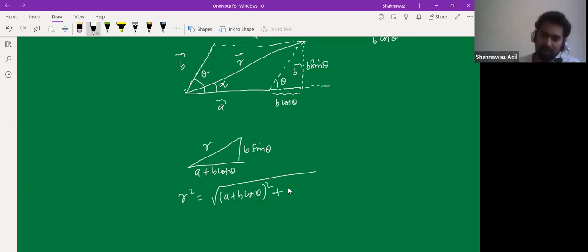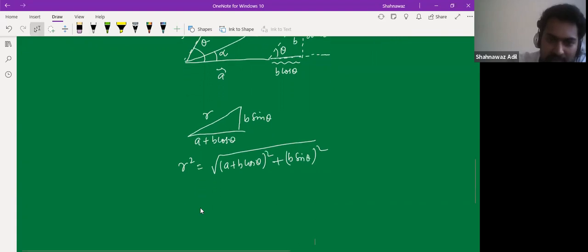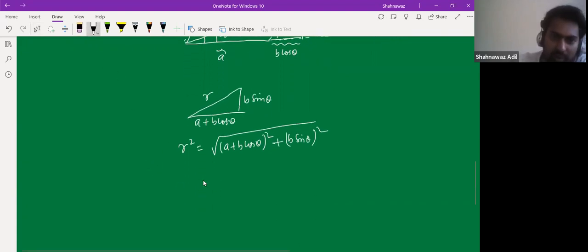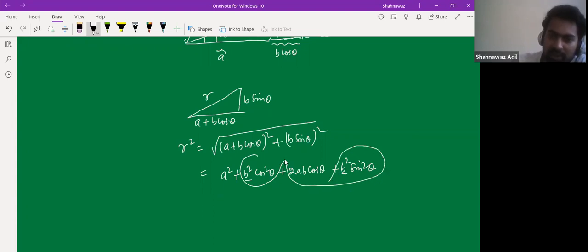So this is A squared plus B squared cos squared theta plus 2AB cos theta plus B squared sin squared theta. So B squared is common.